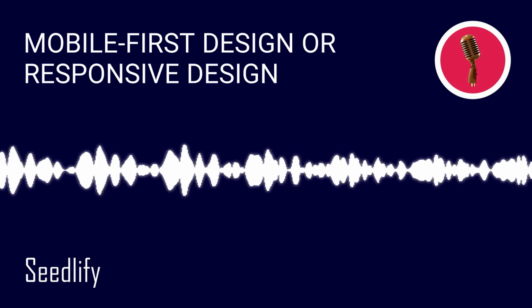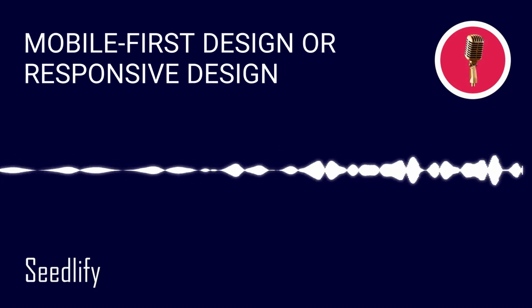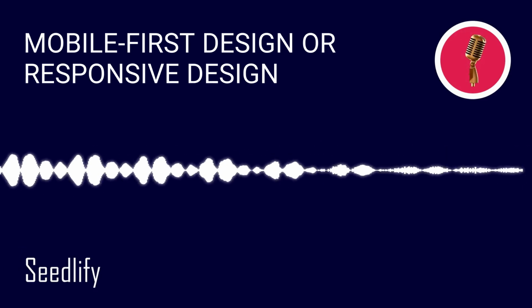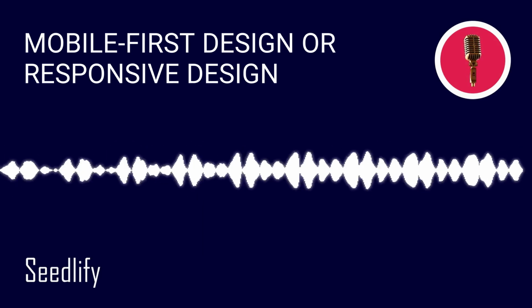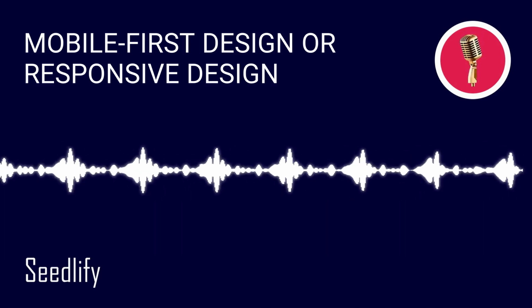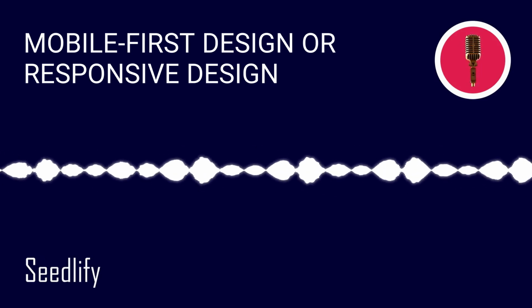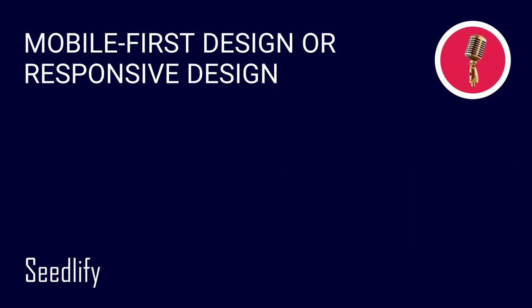A responsive web design, on the other hand, involves creating a single flexible code base that can adapt to various screen sizes, orientations, and devices. While this approach can require more upfront development effort, it can save time and resources in the long run by eliminating the need to maintain multiple website versions.